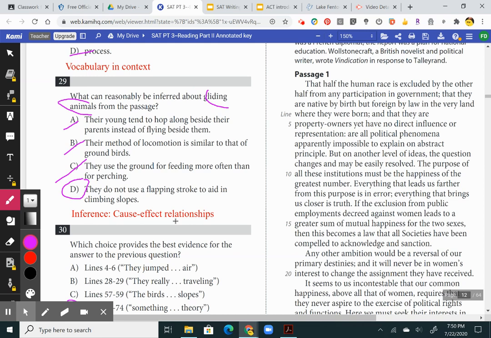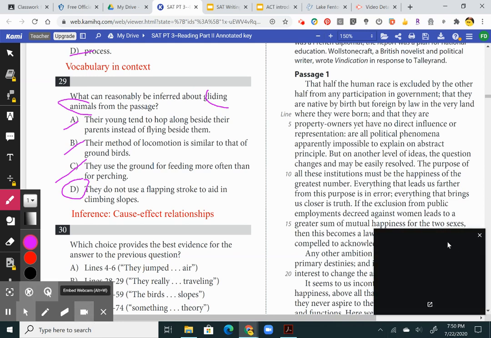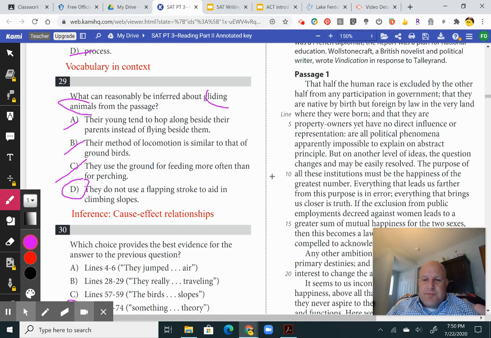A cause-effect relationship would be the type of inference or generalization it would be. So again, just another example of how this goes, as far as what you would be doing to attack the passages.